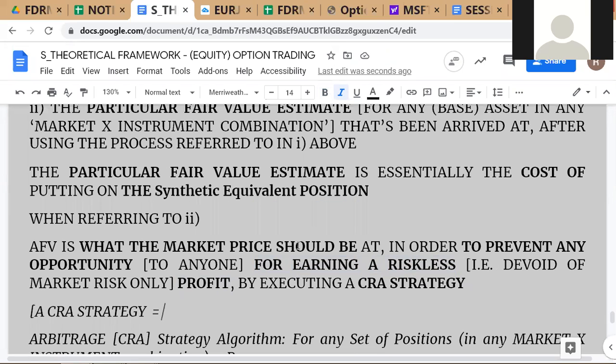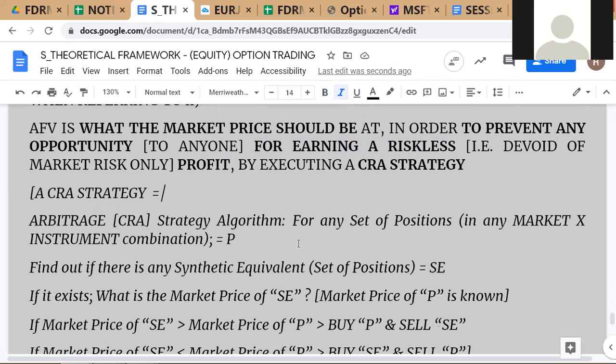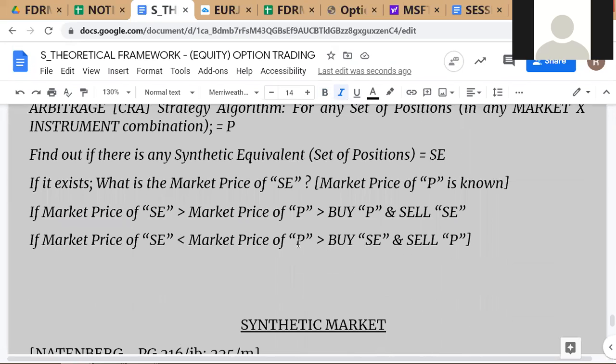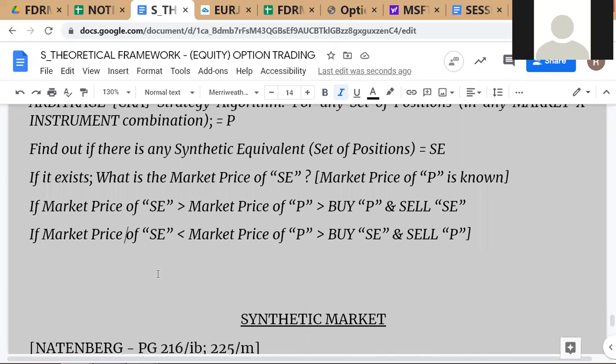Okay, so by executing CRS strategy, we'll leave it here. I'll give the example over here. Okay, so let's look at the example. Market price of euro-yen spot.